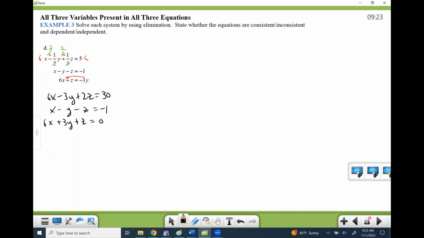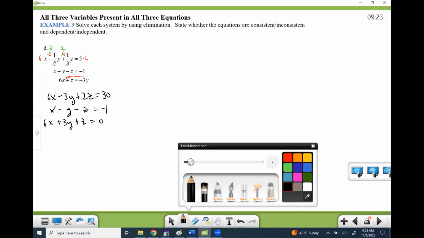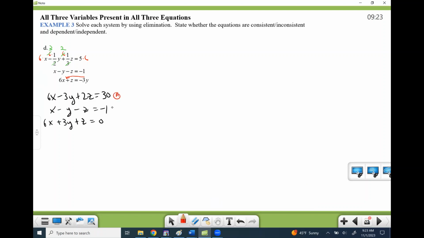Okay, so scanning downward, honestly, we could probably go with the y's or the z's. I'll probably pick the z's, but you could go with either one there, you guys. Okay, so we have equation A, equation B, and equation C. So I'm going to put definitely B and C together, right?